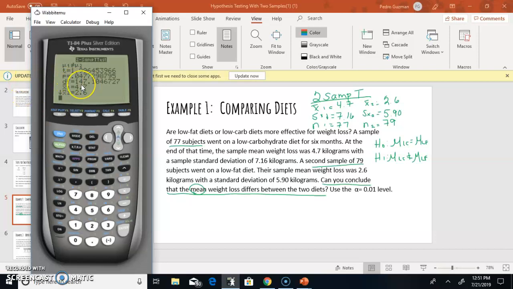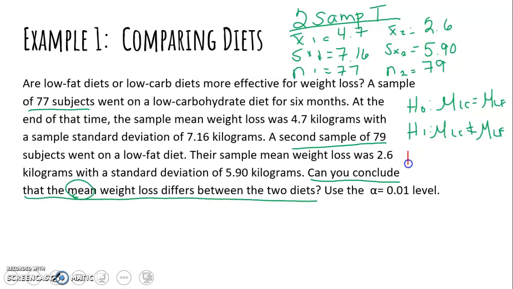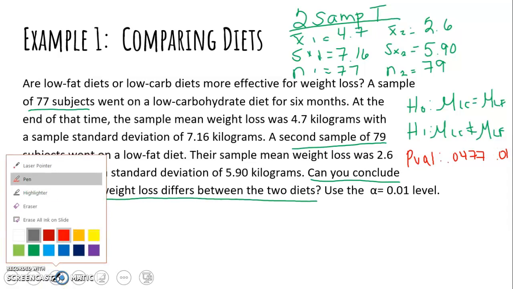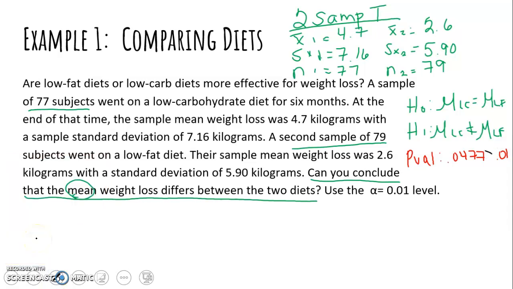But what we're interested in as far as an answer goes is this p-value, 0.0477. And we used a 0.01 level of significance, and that is definitely greater.